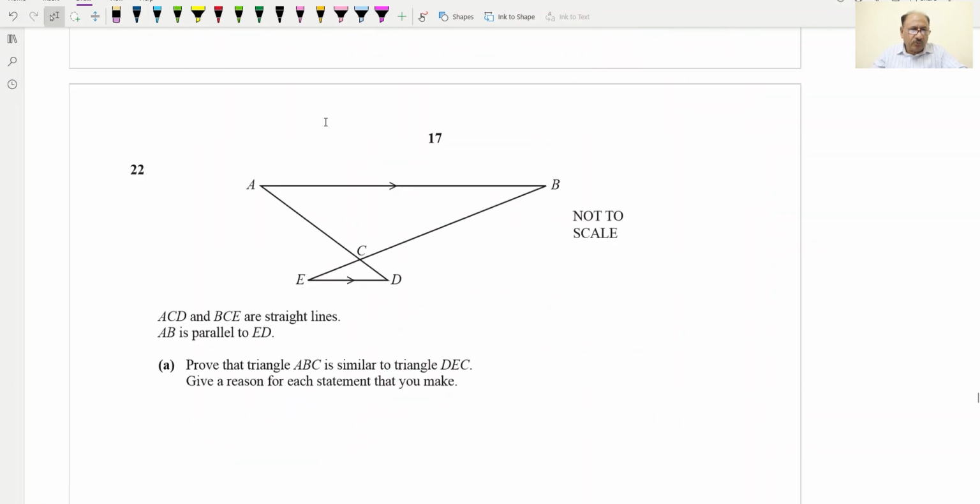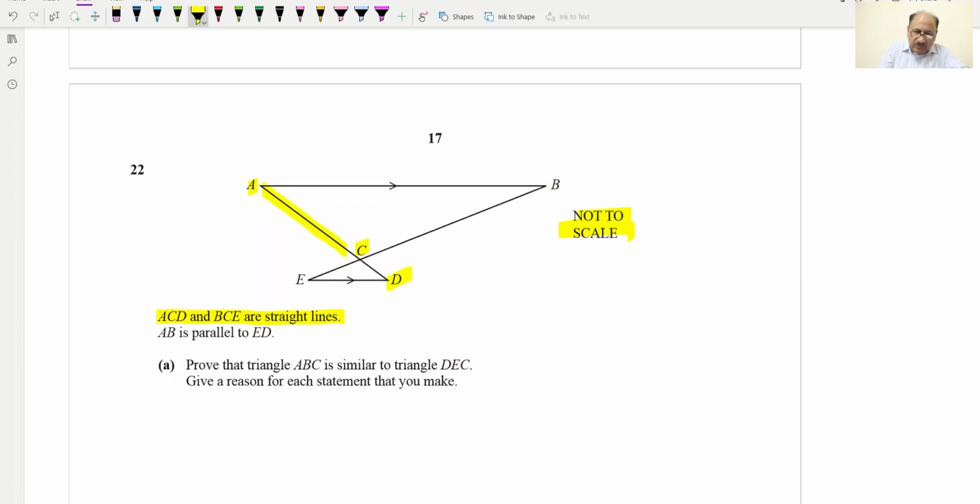Now we can move to question number 22, which is a diagram, and this diagram is not to scale. ACD and BCE are straight lines. ACD is this one.